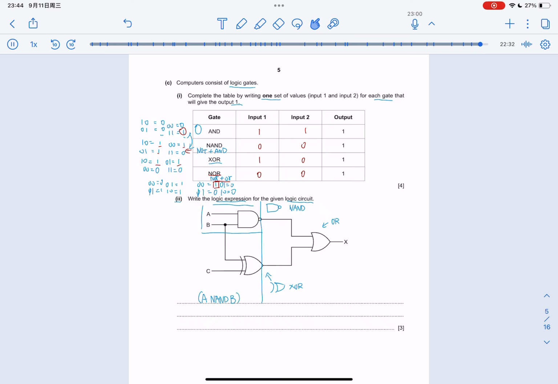And on the other side, we have B connected with XOR. So B XOR C, so we circle it. And in the middle, they connect by OR, so we just write OR inside. So this whole thing is (A NAND B) OR (B XOR C). This is the final answer.